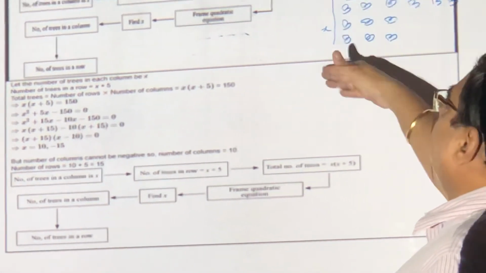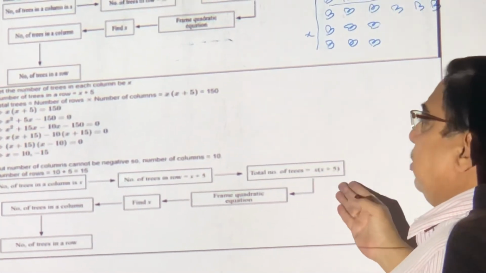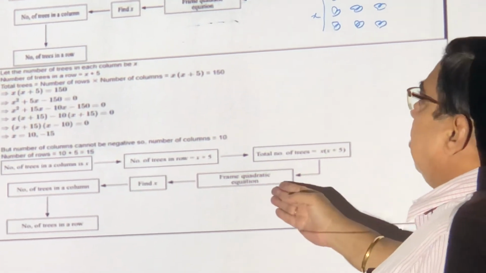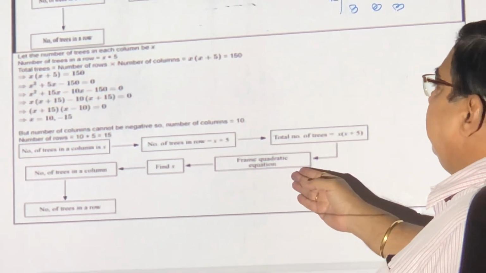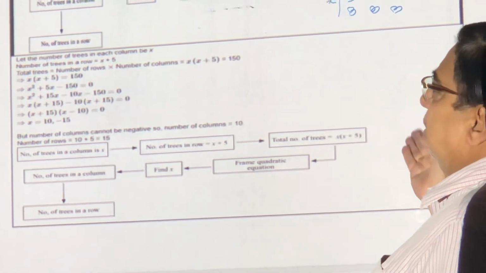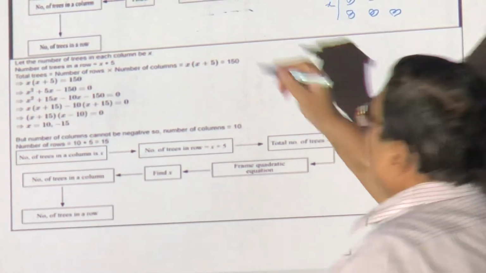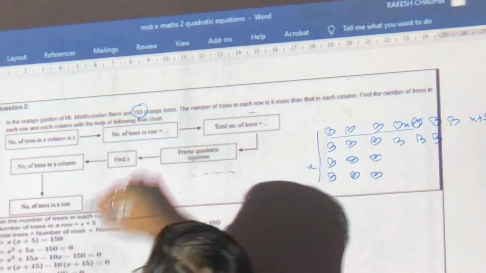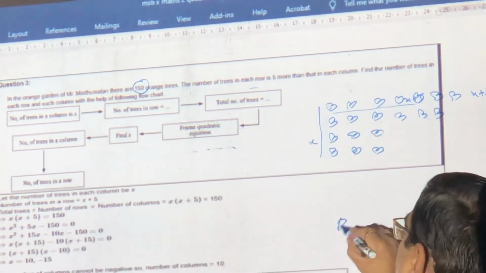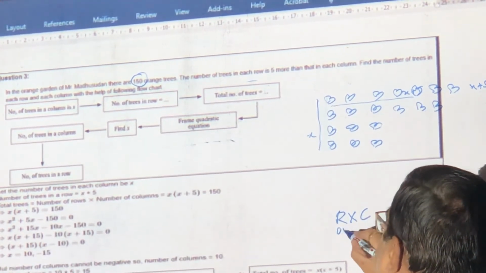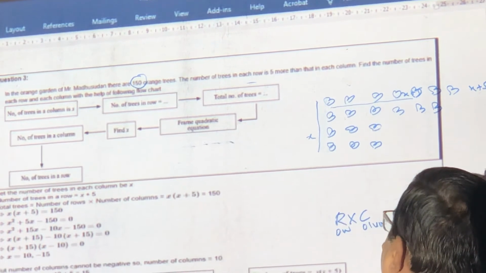So, x into x plus 5. Frame the quadratic equation, my friends. So, x into x plus 5 is equal to 150. He has given the number of trees. Row into column is number of trees. Don't forget, my friend.